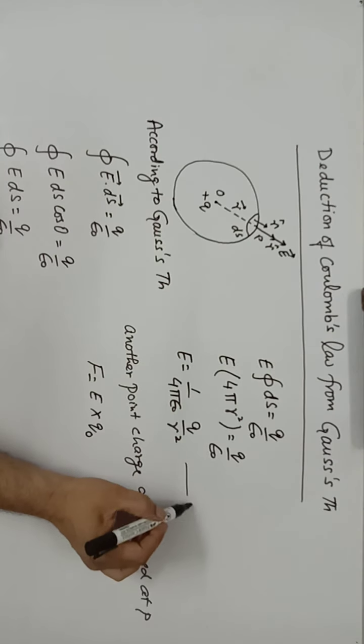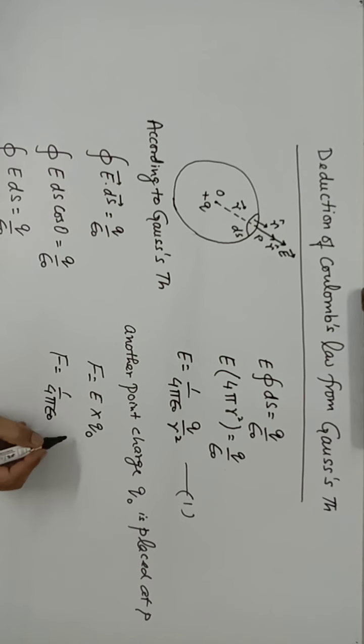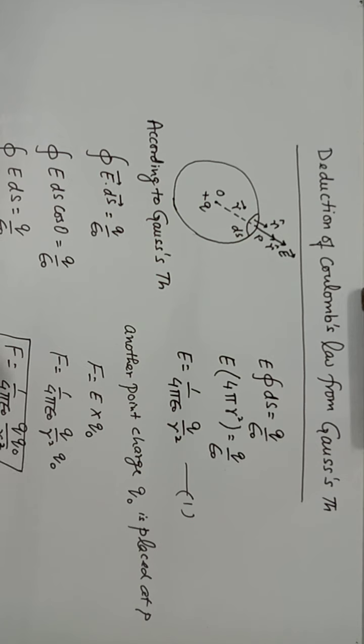Writing the value of E, F is 1 upon 4 pi epsilon naught Q Q naught upon r square. This is Coulomb's law.